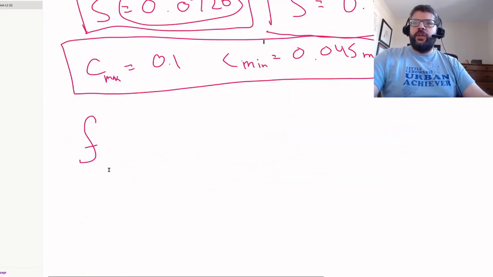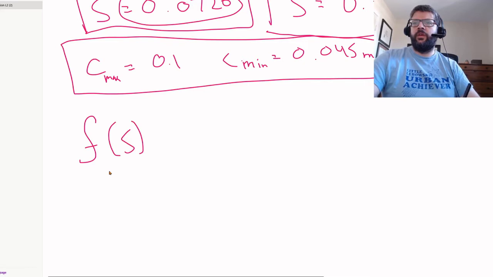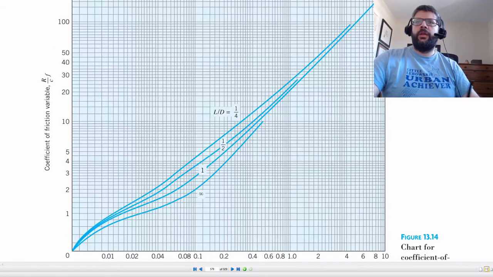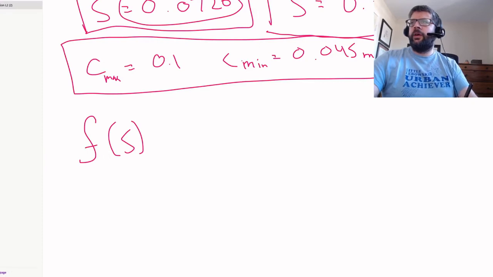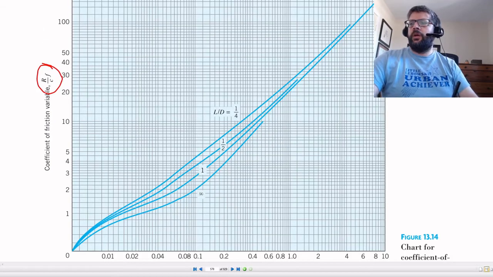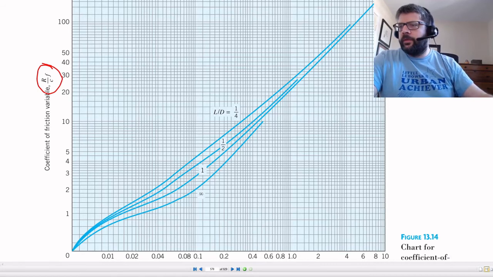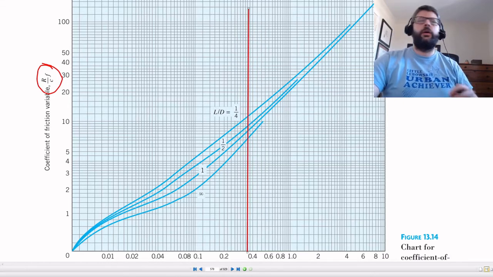So the coefficient of friction is again a function of the S, and in this case they're giving it in terms of the radius divided by the clearance times F. So looking up what we should be getting for the 0.36 value, which is again a higher value than what we're looking at for the minimum friction condition.